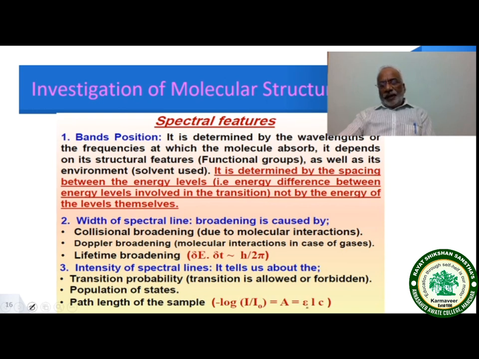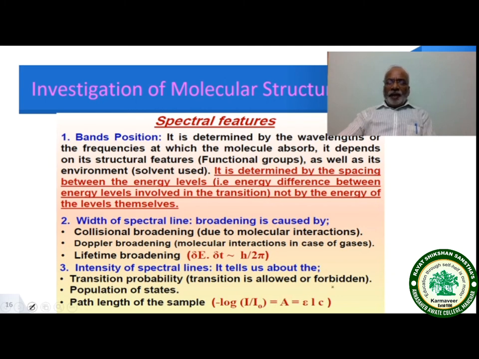Epsilon is the extinction coefficient or proportionality constant, L is the length of the sample, and C is the concentration of the sample. So absorbance is directly proportional to length and directly proportional to concentration, and this equation we call the Beer-Lambert law.